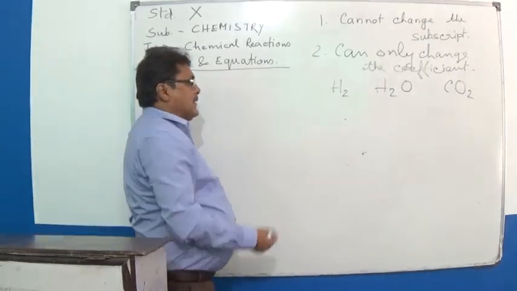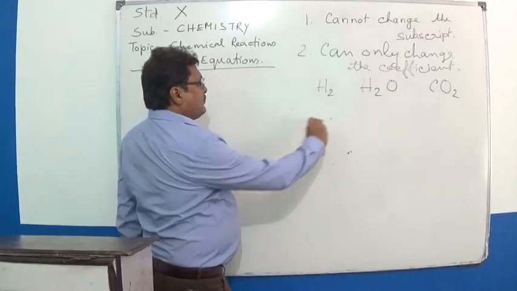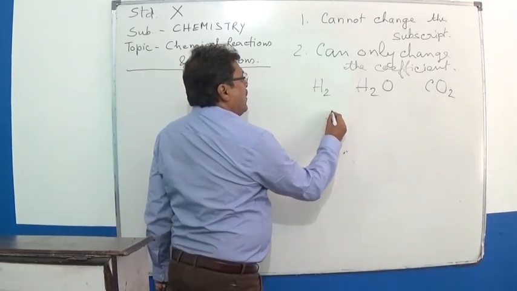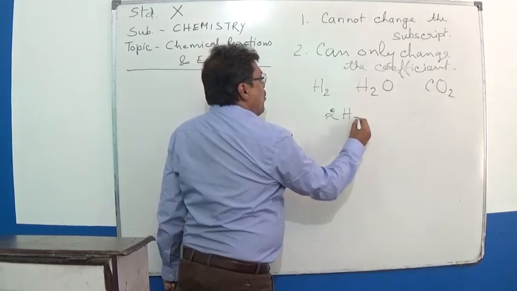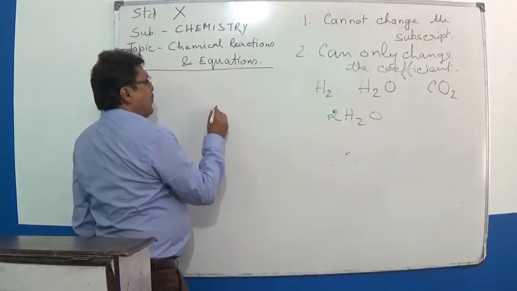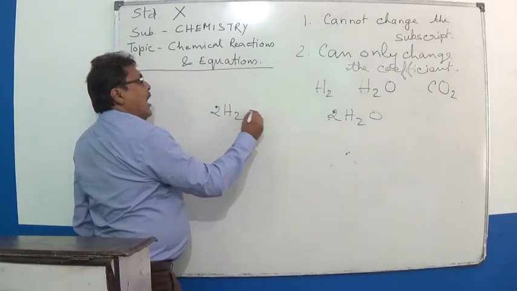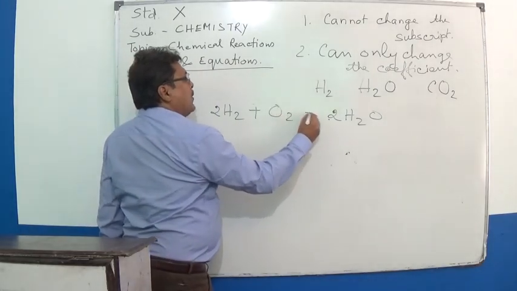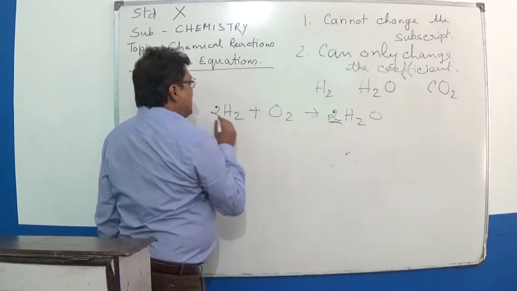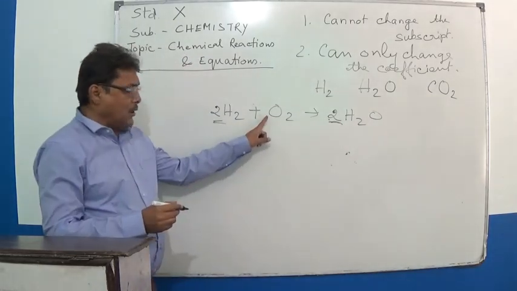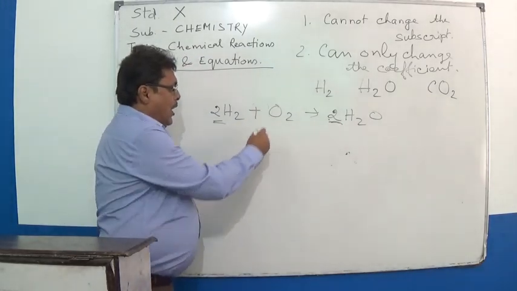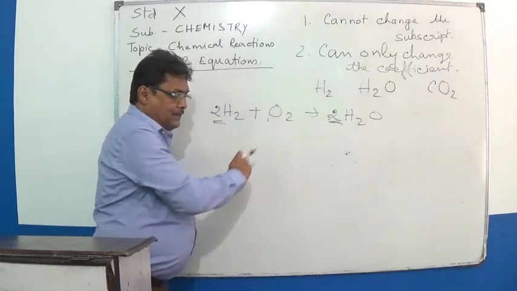Like, say we are taking 2H2O. We did this formula earlier. 2H2 plus O2. We can change this coefficient. Actually, there is another coefficient here also. That is why we don't write 1.